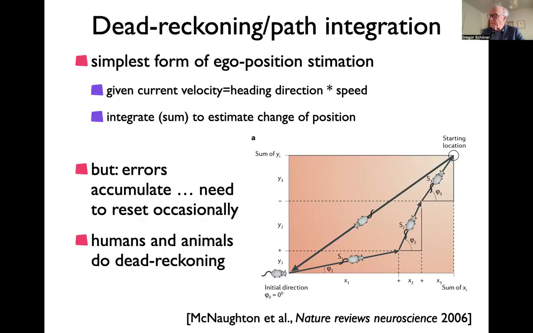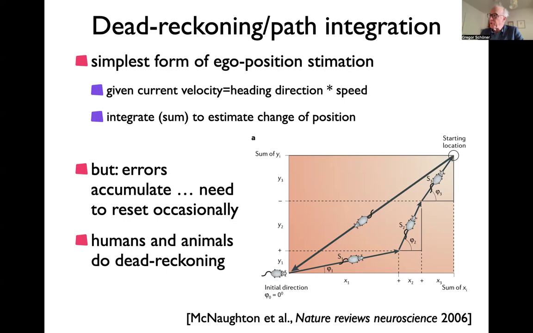One important way of knowing where you are on the map is this: if you knew initially where you were on the map, you extrapolate where you're going to be on the map after you made some moves. That's called dead reckoning or path integration. The word dead reckoning comes from ship navigation, and path integration is, I think, the more technical term.